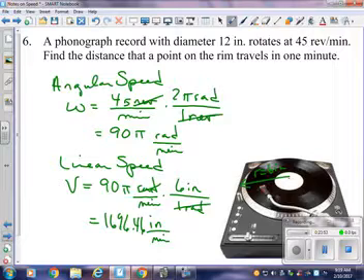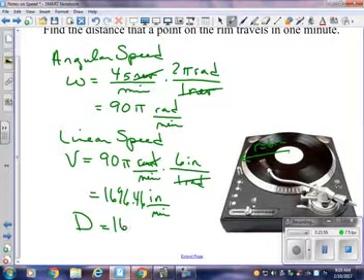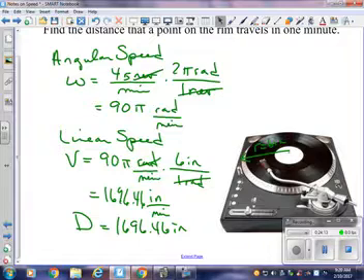But the question says, what's the distance it traveled in 1 minute? So you'd have to say the distance is equal to 1696.46 inches, because distance doesn't have over minutes.